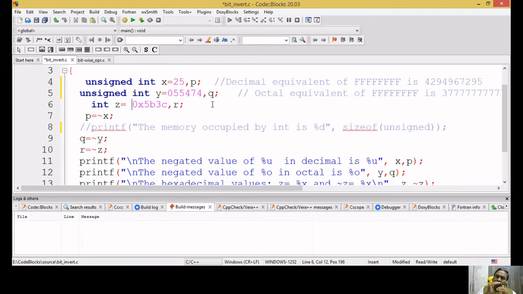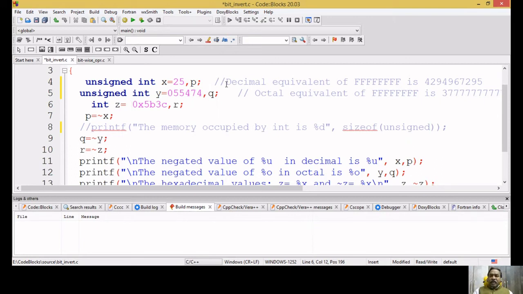For octal, it is 7. Octal means 8, 8 minus 1, 7. Similarly, for hexadecimal, 16 minus 1, 15. So each digit is to be subtracted from 9 in case of decimal, 7 in case of octal, and 15 in case of hexadecimal. That's what we see.